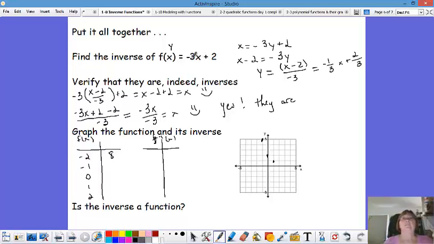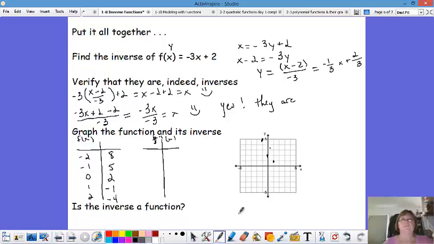Negative 1. Negative 3 times negative 1 is 3. 3 plus 2, 5. When I put 0 in for x, I get 2. When I put 1 in for x, that's negative 3 plus 2, negative 1. When I put 2 in, I get negative 6 plus 2, negative 4.